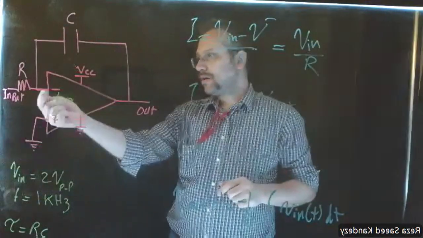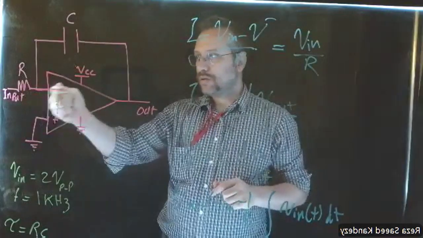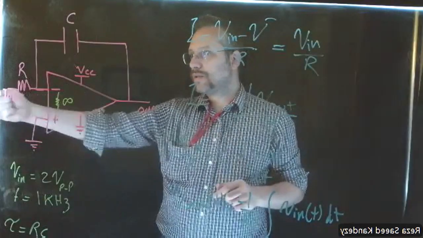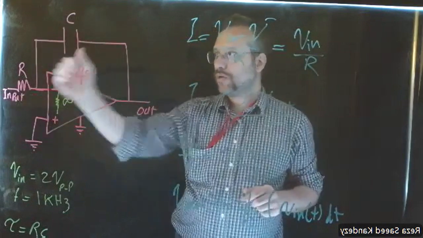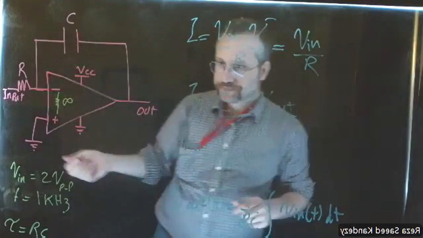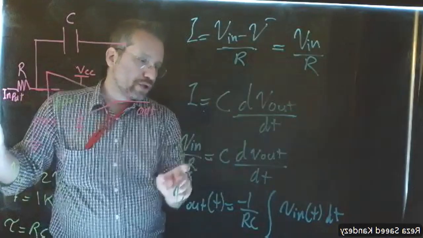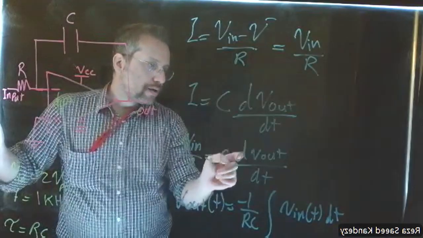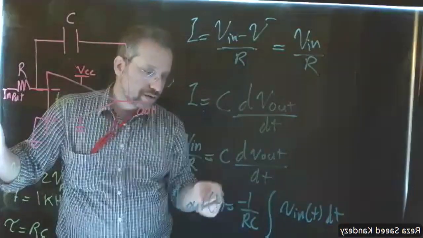We said, run a KCL here. There is no current passing between the terminals. So all the current that goes into the circuit will pass through the capacitor. So these two currents are going to be the same. Now, if they are the same, that means Vin over R is equal to C times the differential of the output voltage with respect to time.